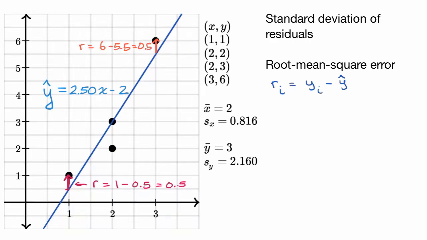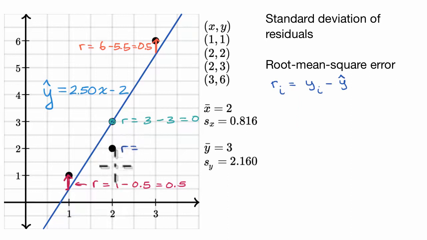Now for this point that sits right on the model, the actual is the predicted. When x is 2, the actual is 3, and what was predicted by the model is 3. So the residual here is 3 minus 3, so it's equal to 0.